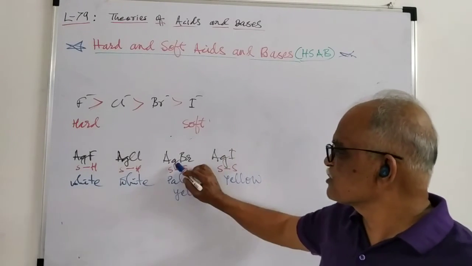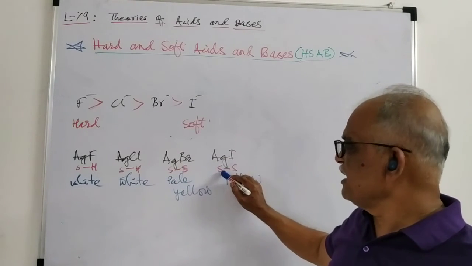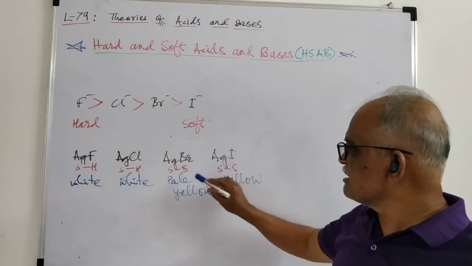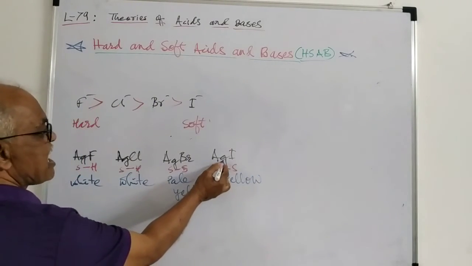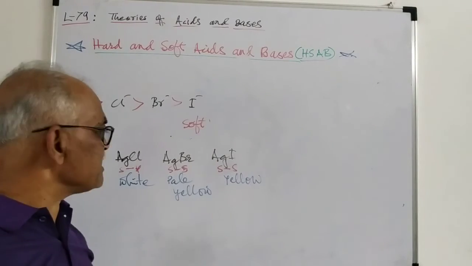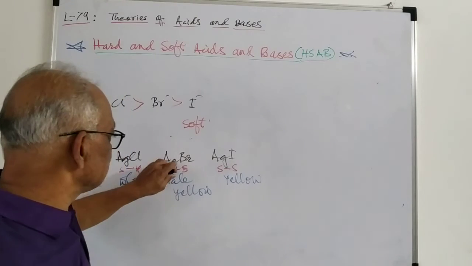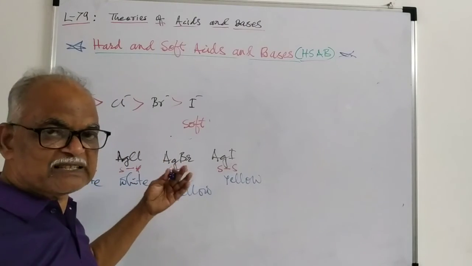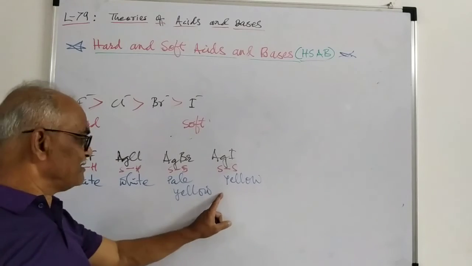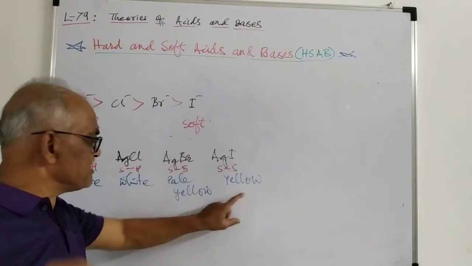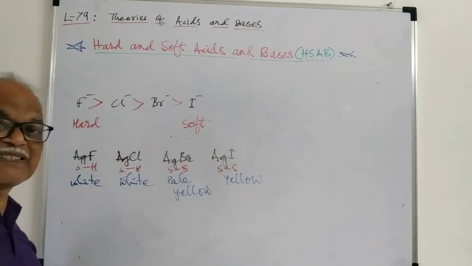But AgI has a soft combination and has a stronger interaction between Ag plus and I minus than Ag plus and Br minus. So the yellow color is intense, but here it is pale. In this case both are white species.